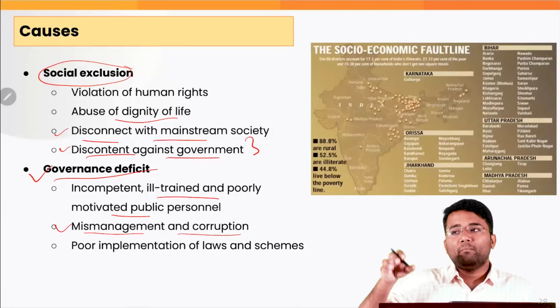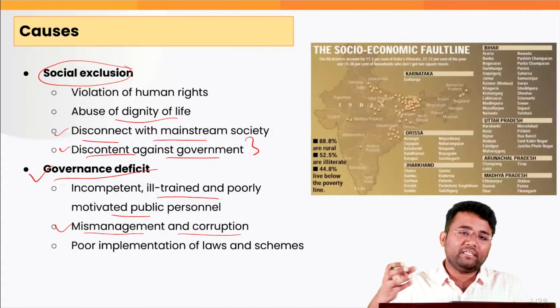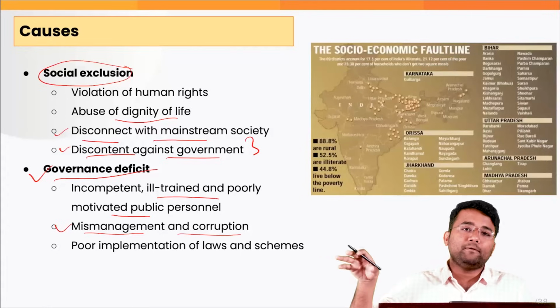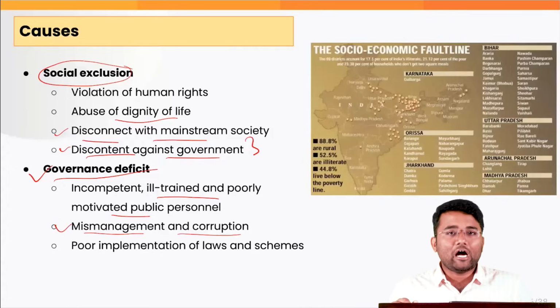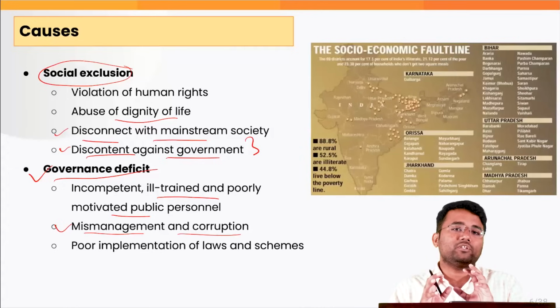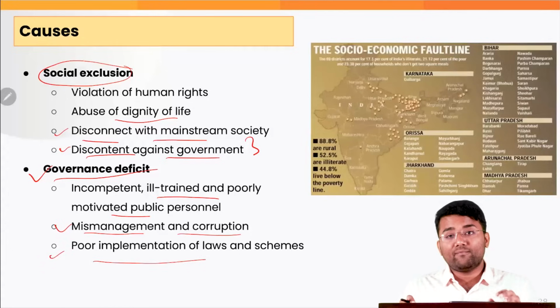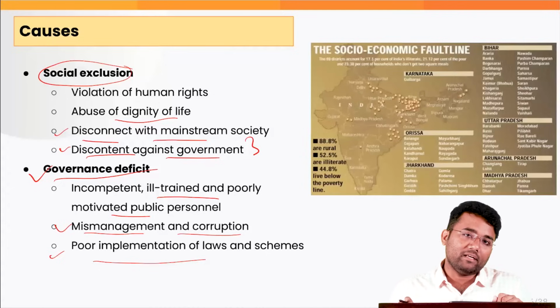For example, if mining was happening in a district, these people felt that at least some part of the profits generated from the mining should be provided to them through government schemes so that their quality of life could improve. However, due to large-scale corruption, this was not happening. Then the laws and schemes framed by the government to improve the situation of these people were also not being implemented properly.